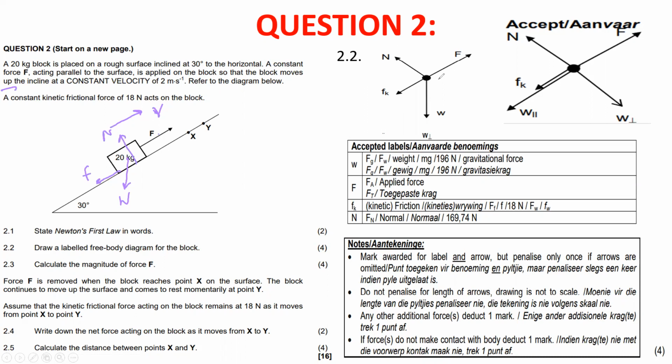So this is the free body diagram, but as we said, they can ask you for a force diagram. If they are asking for a force diagram, you just take out that box, and on that box, you show all forces: the weight or gravitational force, the friction force on the surface, the applied force, and the normal force perpendicular to the surface. Remember, the friction force is here, the gravitational force starts from the center, and the normal force is perpendicular to the surface.